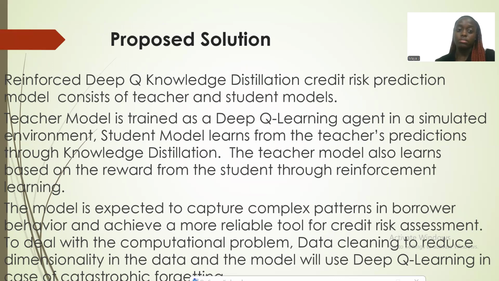Using knowledge distillation, you have a teacher and a student model, the student learning from the teacher and the teacher getting rewards from the student. I don't think that's in place right now, but I think the models would learn better with that method, merging those three methods of machine learning.